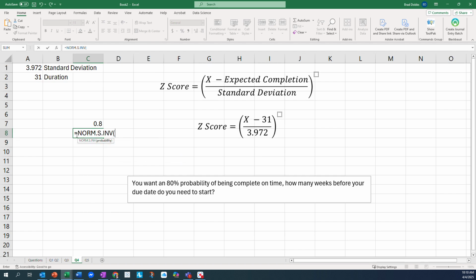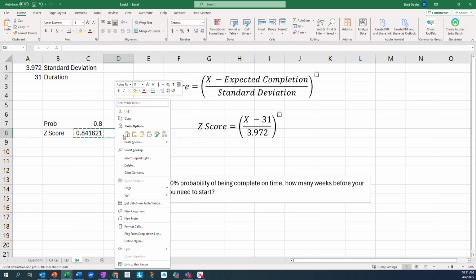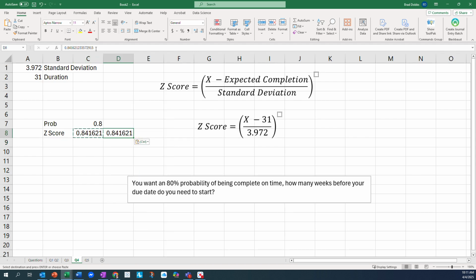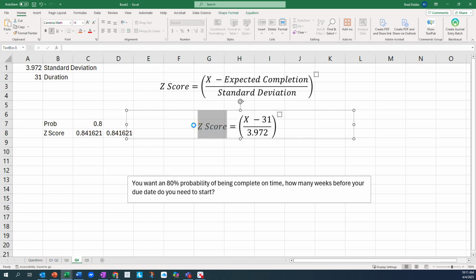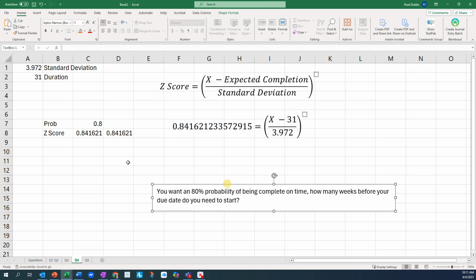and this time we're going to use NORM.S.INV of the probability, and if this is our probability, this is our z-score. So now we can replace the z-score with that value, and then we just use some algebra.